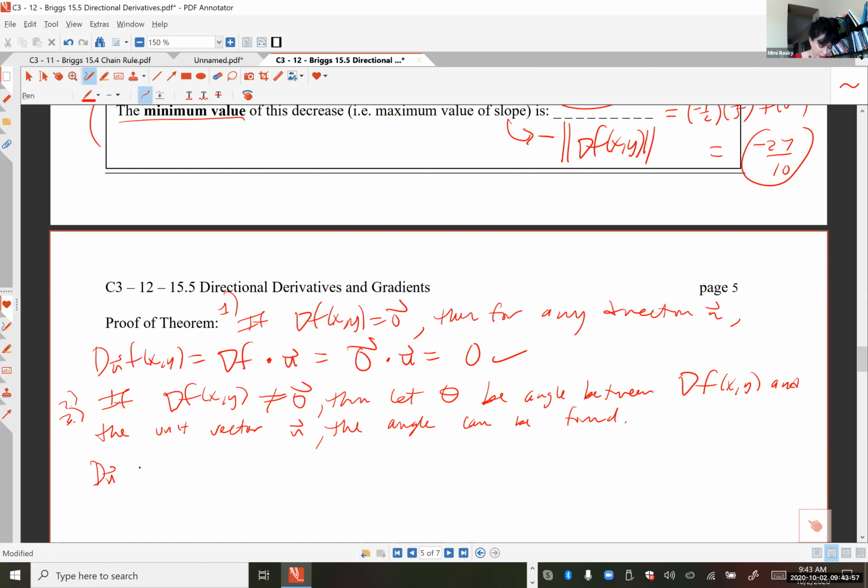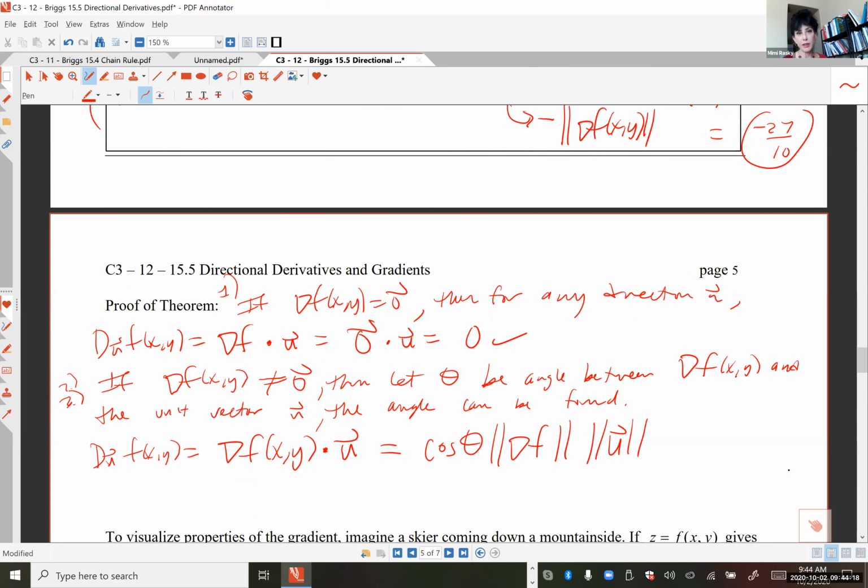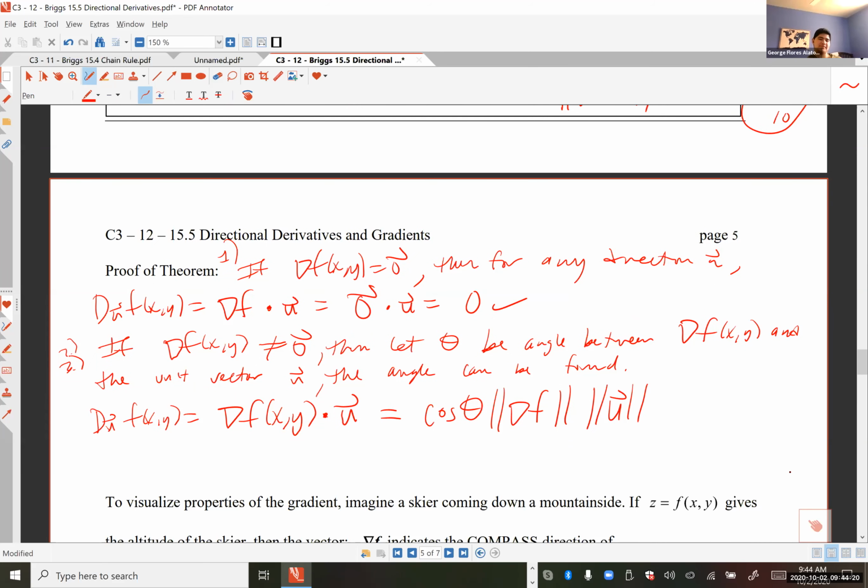If the directional derivative is defined as the dot product of those two vectors, from that theorem that I taught you in the first week of class, that is exactly the same as cosine of the angle between them multiplied by the product of their magnitudes. Do you remember this theorem? Yes, I hope so.